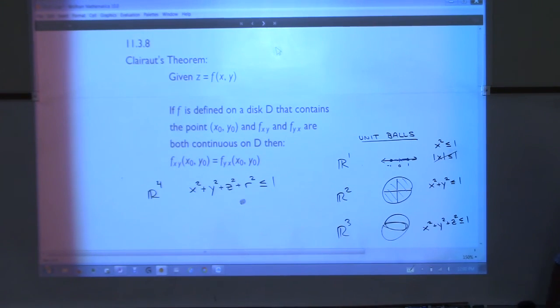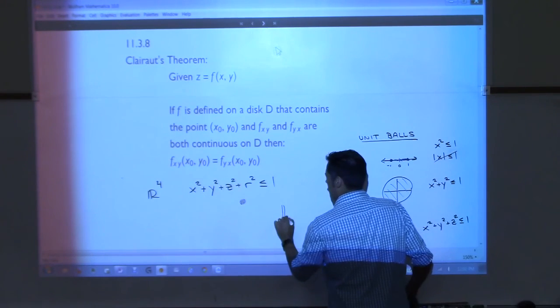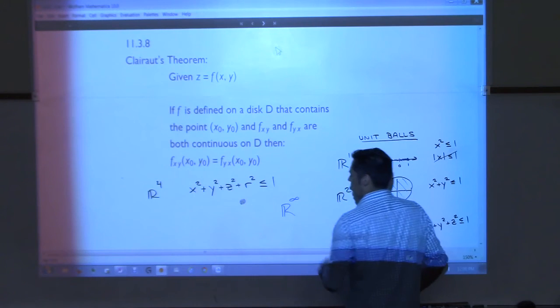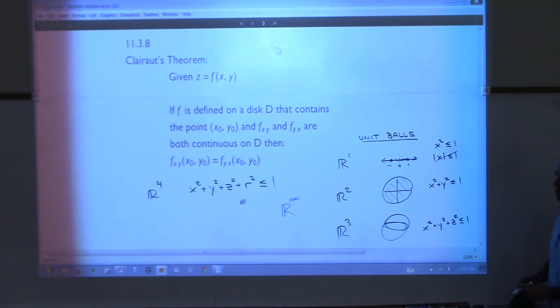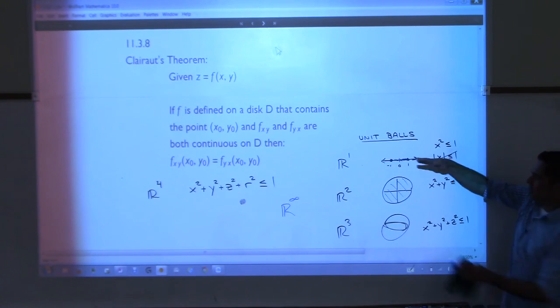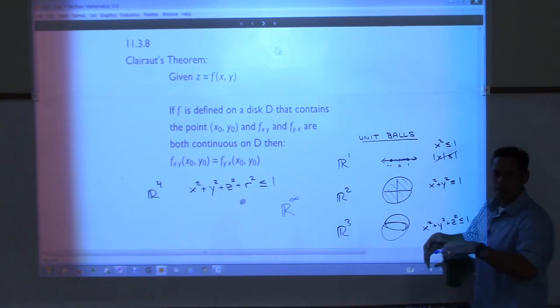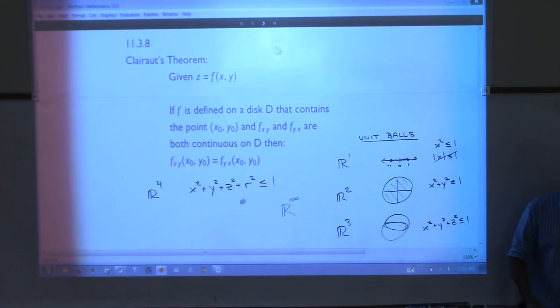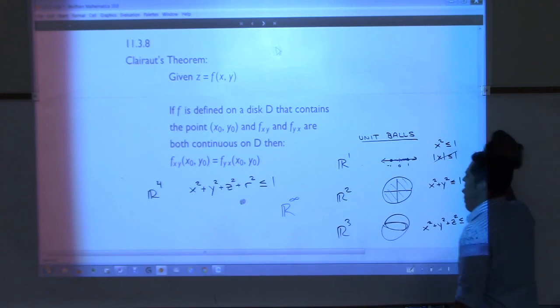And there's actually unit balls in infinite dimensional space. There is such a thing as R infinity, which is like R1, here's R2, R3 is 3. You can have infinite dimensional Euclidean space. But I'm digressing. Okay, let me get back on task here.